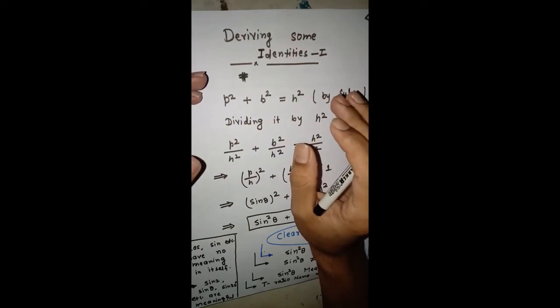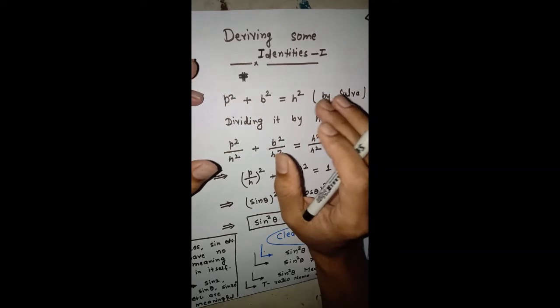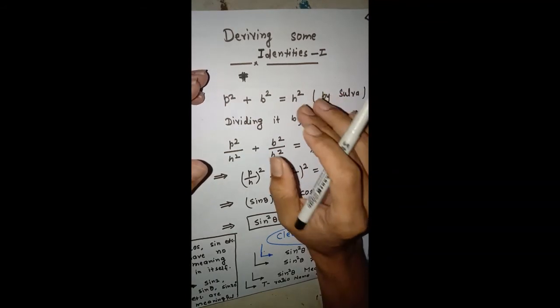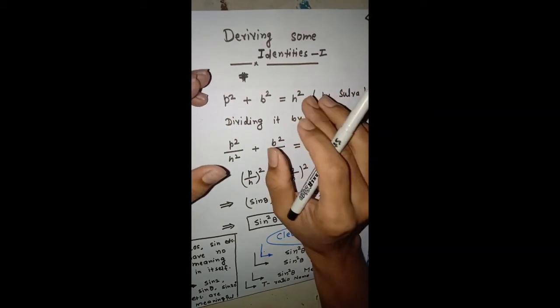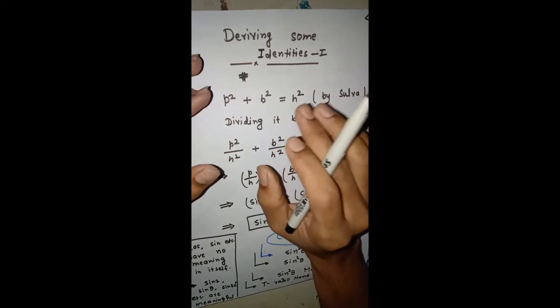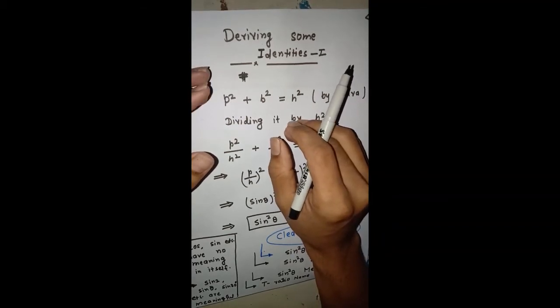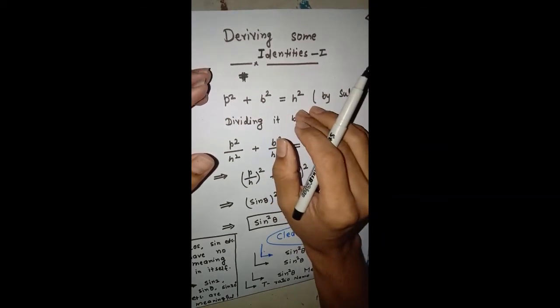For example, (a plus b) whole square is equal to a square plus 2ab plus b square is true for every value of a and b. Yes or not? That's why it is an identity.